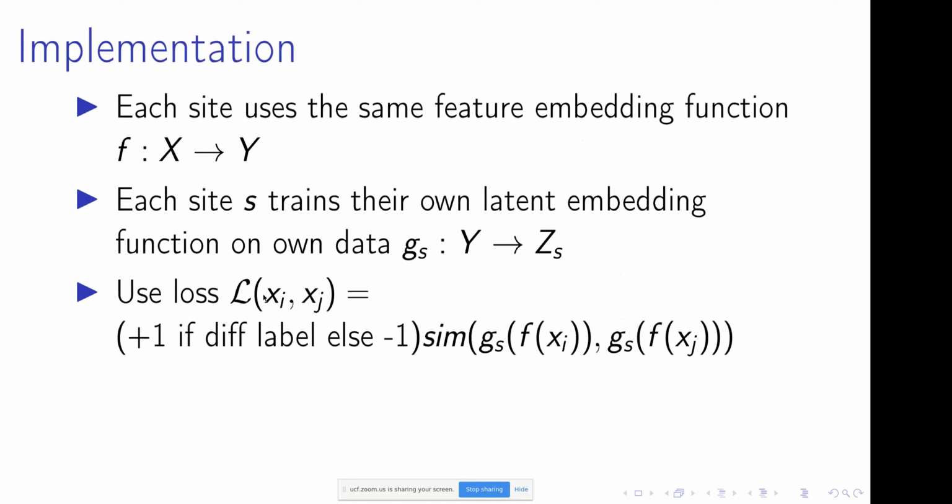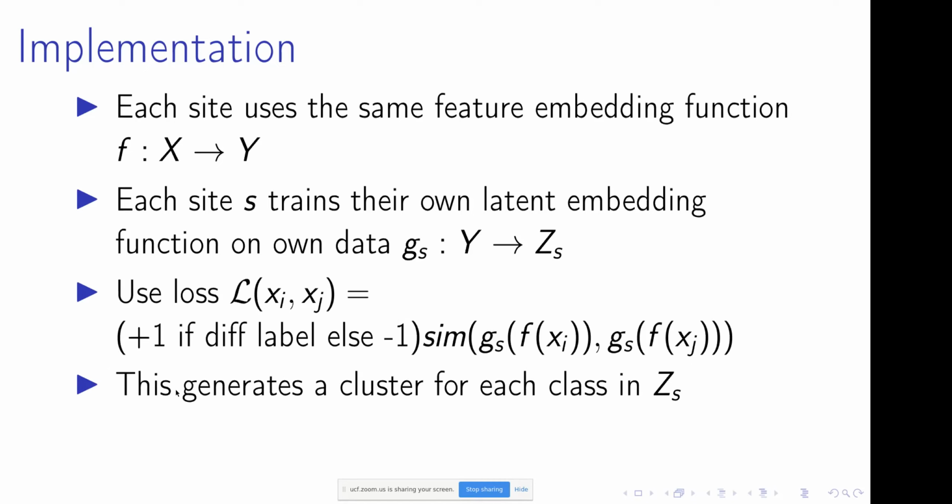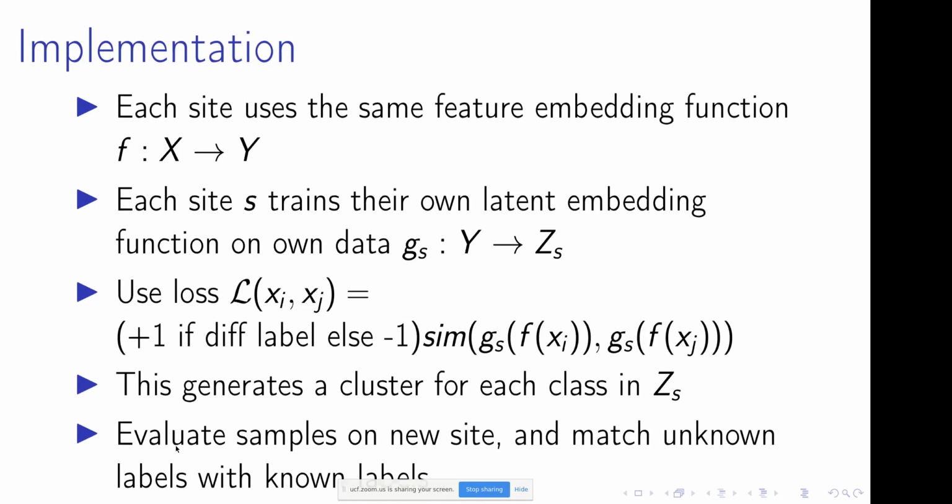And the loss that they use is basically a clustering loss. So this is cosine similarity. You want the cosine similarity between two samples to be high if they have the same label and low if they have different labels. And so this is going to generate a cluster for each class in the site S, in that site's latent space.